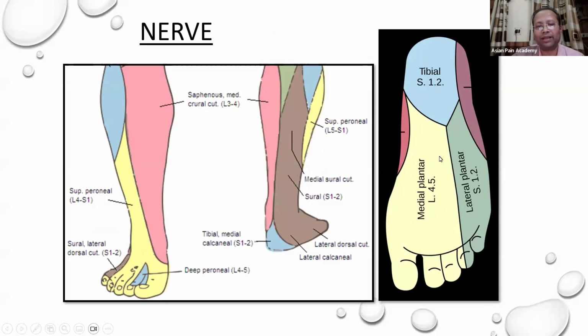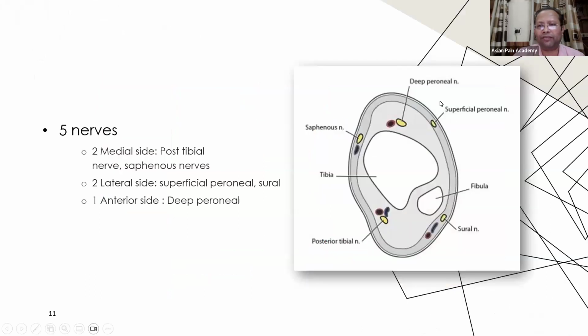So then you can give an intervention in the plantar fascia, and the patient will not feel the pain. Okay, so as we understood, we will search for all these five nerves: the saphenous nerve, medial side, and posterior tibial nerve, medial side; lateral side, two nerves, the superficial peroneal nerve and sural nerve; and the deep peroneal nerve in the front side.